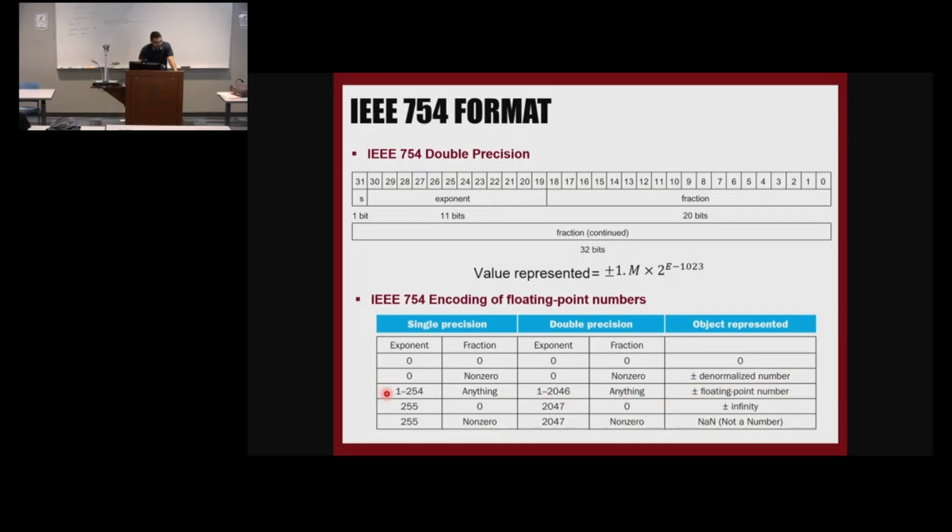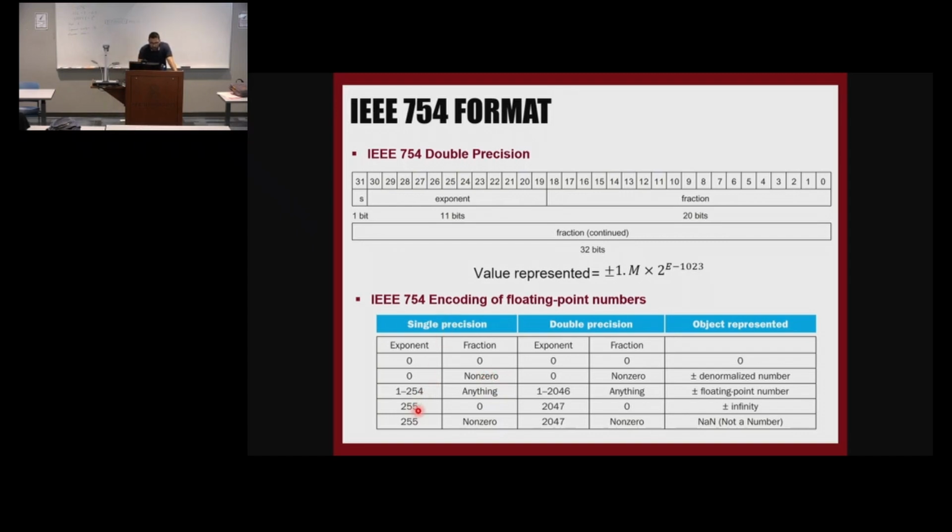This is what we just practiced. But if both are 0, then it's a 0. If your exponent is 0 and your fraction is not 0, it means it is not normalized, because if you normalize it, you'd have something in the exponent. So it's just a denormalized number.